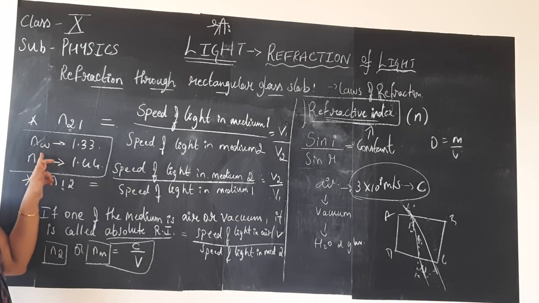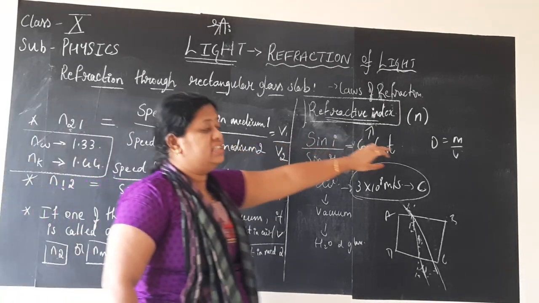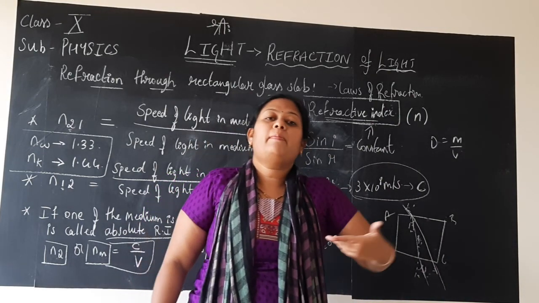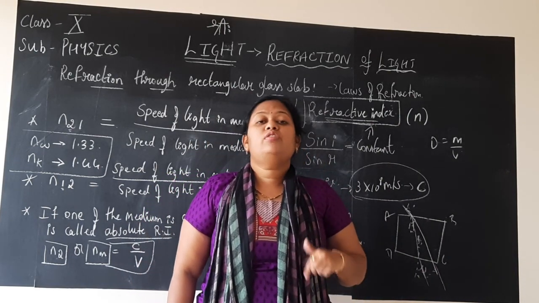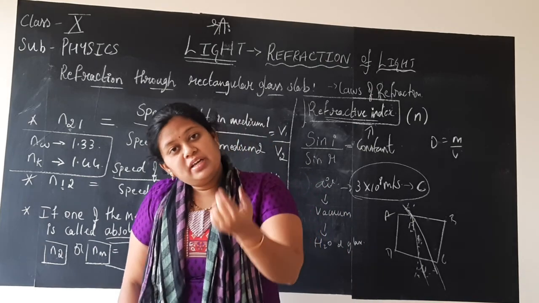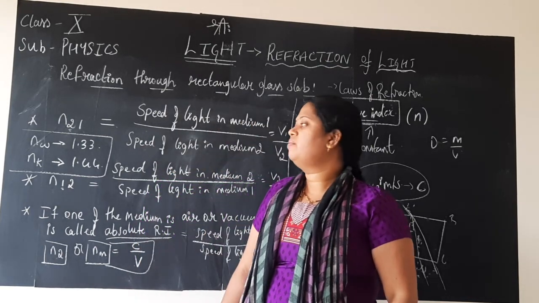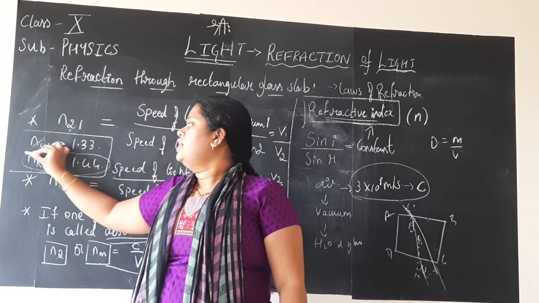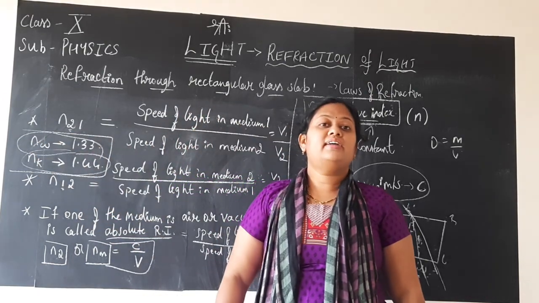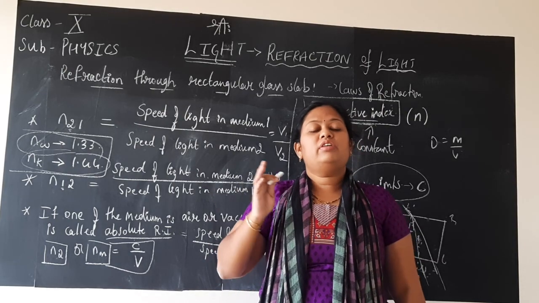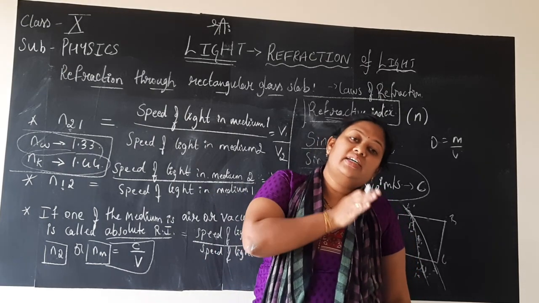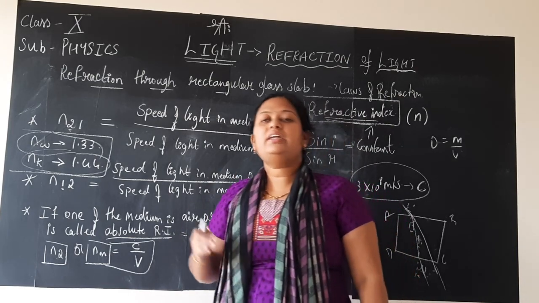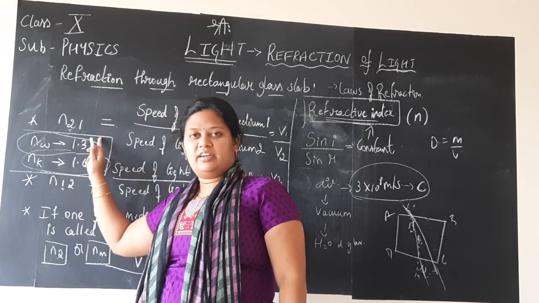But when you compare the mass density, which is mass by volume, water is denser compared to kerosene. But when we come to optically denser and optically rarer, children, kerosene is optically denser whereas water is optically rarer medium. So please don't get confused between mass density and optical density. Optical density is completely based on the value of refractive index.